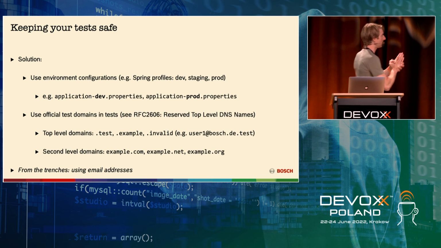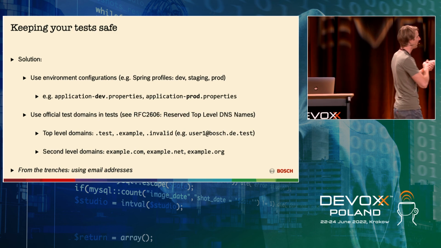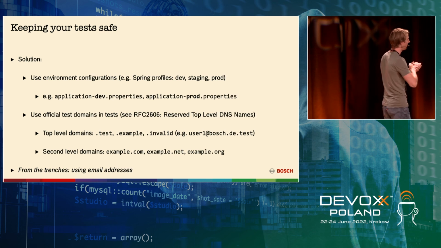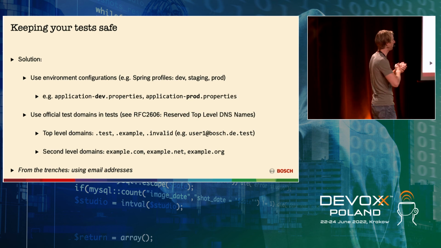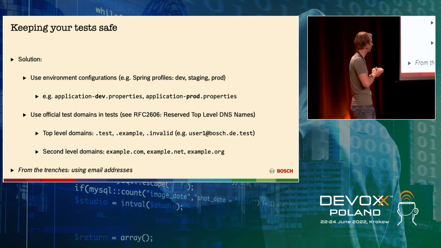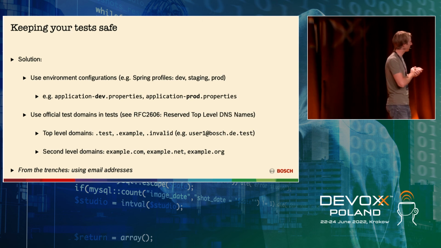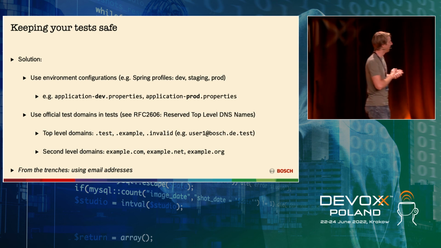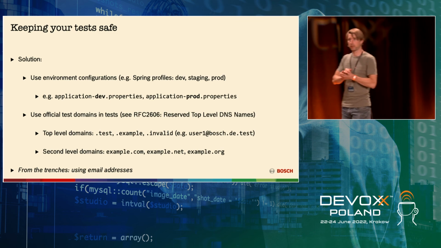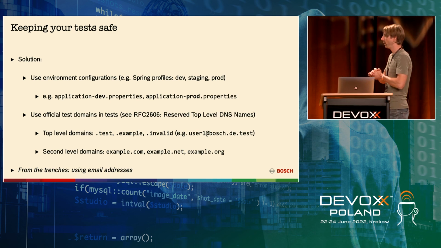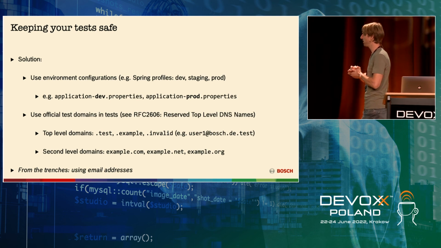Also, something that not everybody might know, there is actually an RFC for some top-level domains that are explicitly reserved for testing. So .test, .example, .invalid. And we made use of that quite a lot when I worked for an email marketing company.